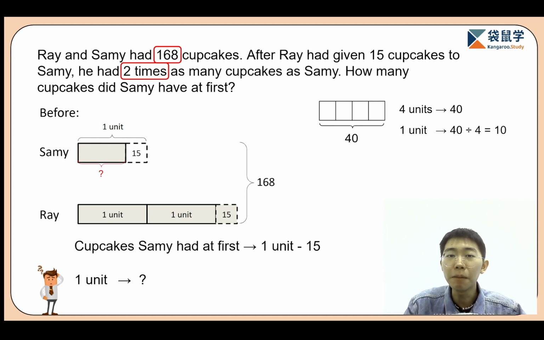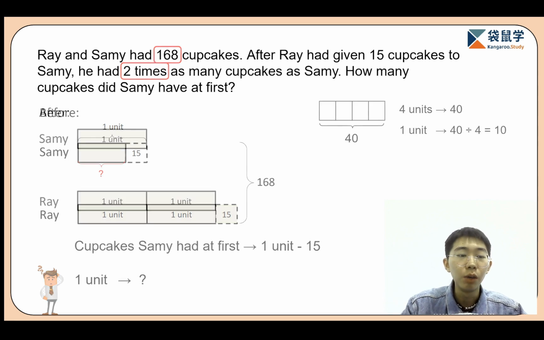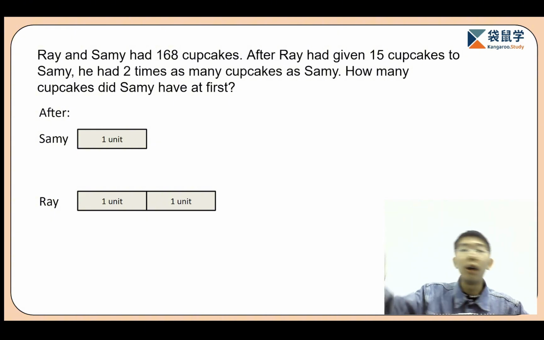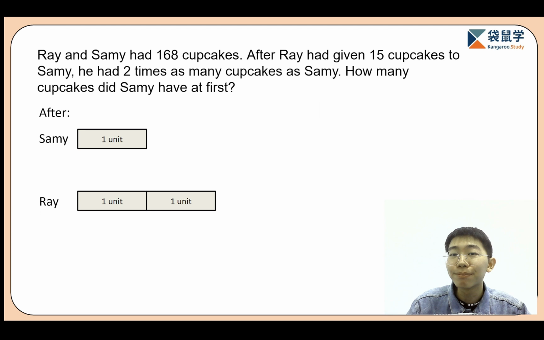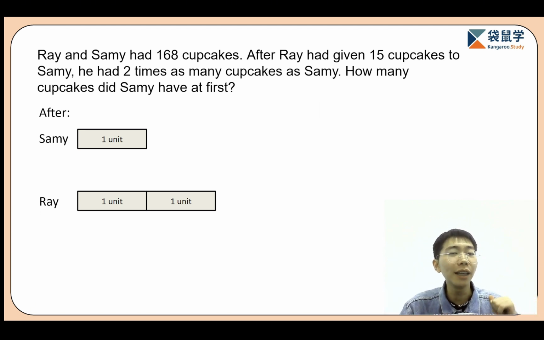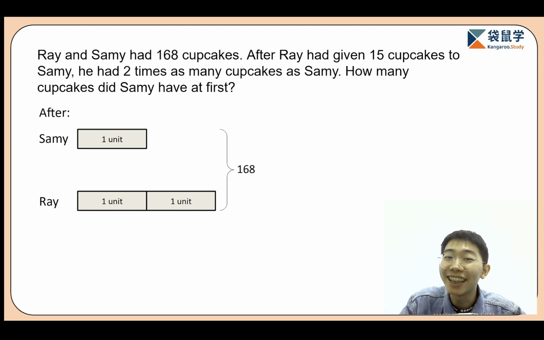Where can we find the number of units? We know that after giving 15 cupcakes, Ray had 2 units and Sammy had 1 unit. So in total, how many units do they have? 3 units. And what is the corresponding value of these 3 units? 168.